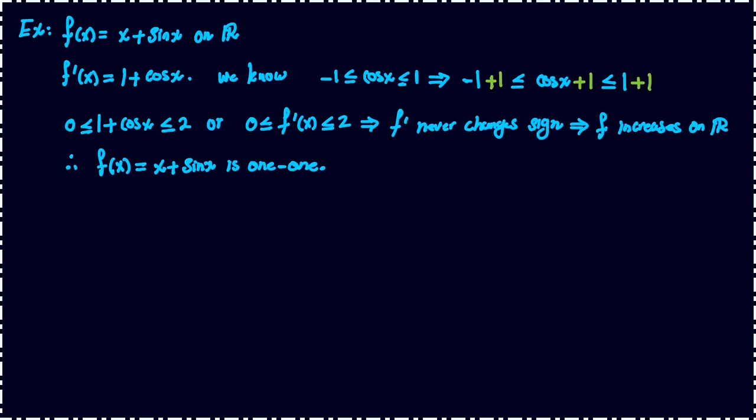If a function is 1 to 1, then its inverse exists. What is the inverse of a function? The inverse of a function is a function that takes an element of the range in, and it gives you the corresponding element in the domain.